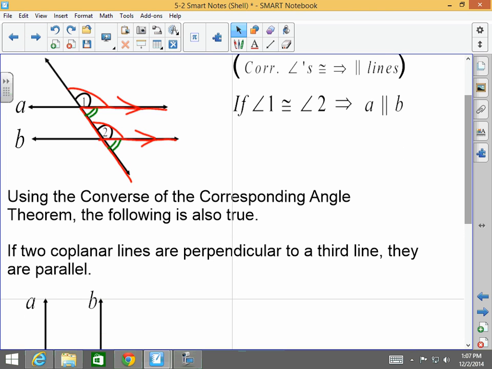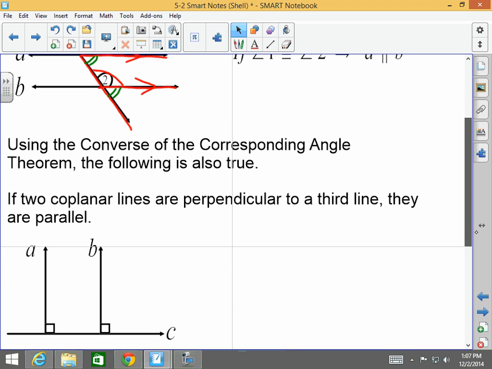If two coplanar lines, that means lines are on the same plane, are perpendicular to a third line, they are parallel. Think about the logic here, okay? If line A and B are perpendicular to C, then A and B have to be parallel.